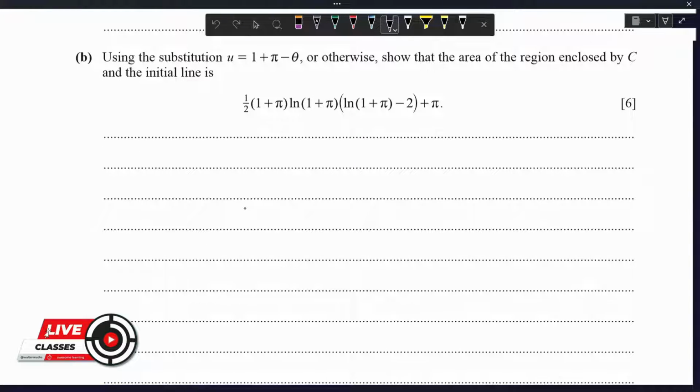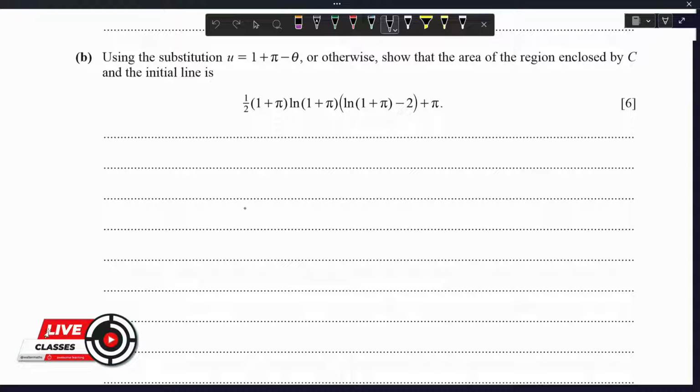So it says, using the substitution u is equal to 1 plus pi minus theta, or otherwise, show that the area of the region enclosed by C and the initial line is half of 1 plus pi ln of 1 plus pi minus 2 plus pi. All right, so this is integration by substitution.